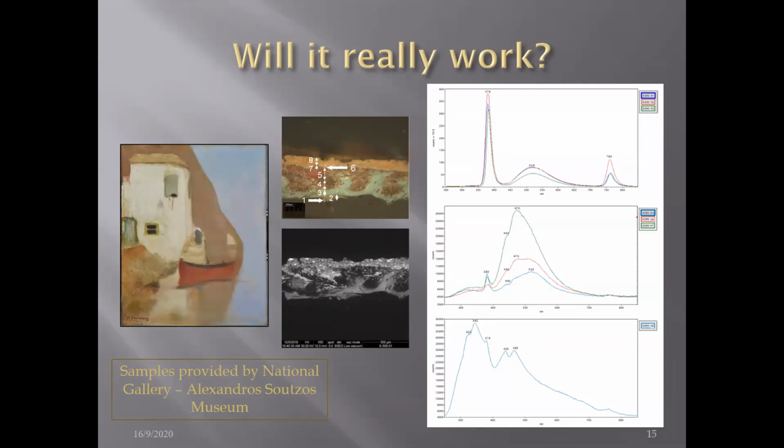And the bulk, let's say, spectra from those painting layers, the bulk CL spectra, could identify between the different layers. So not only can we identify the material, we can map the distribution of specific minerals, and we can have an added tool in order to differentiate between different painting layers.